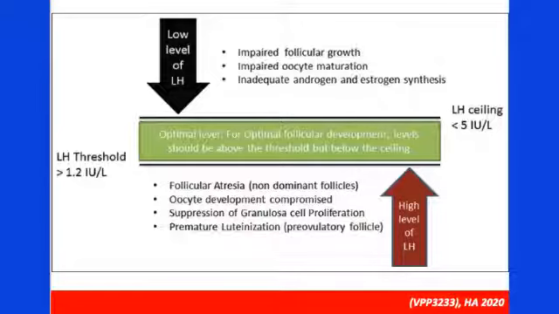So the optimum level is important. For example, in the LH system, to make sure follicular development is normal, the level should be above the threshold but below the ceiling, so the process functions normally in terms of LH and follicular growth.